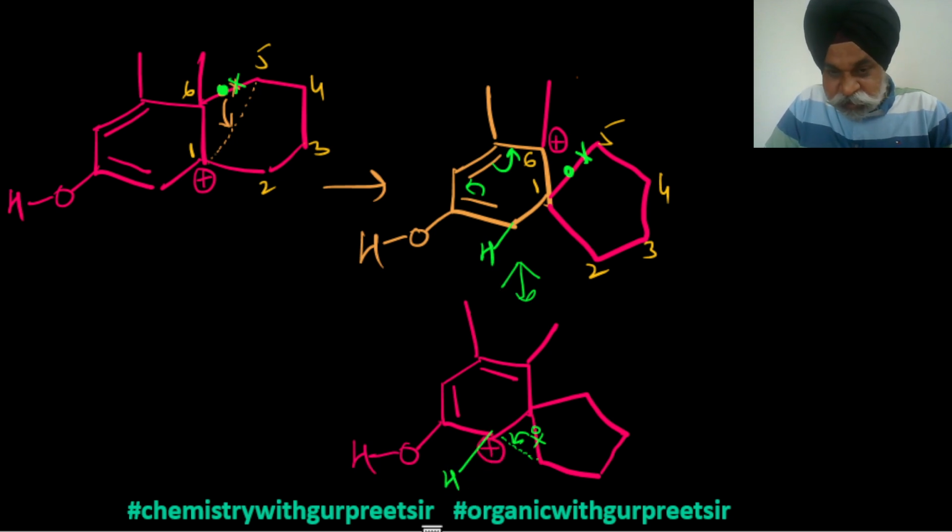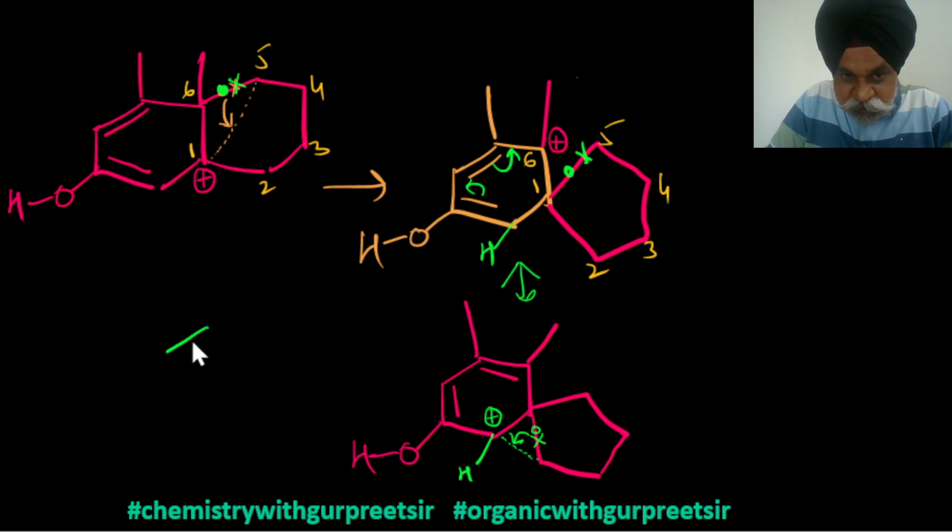Let me mark it once more for you: there is one hydrogen available, and it is carrying, here you have a positive charge. Now, if I bring it here, what next structure do I get? The next structure I get is something of this nature.